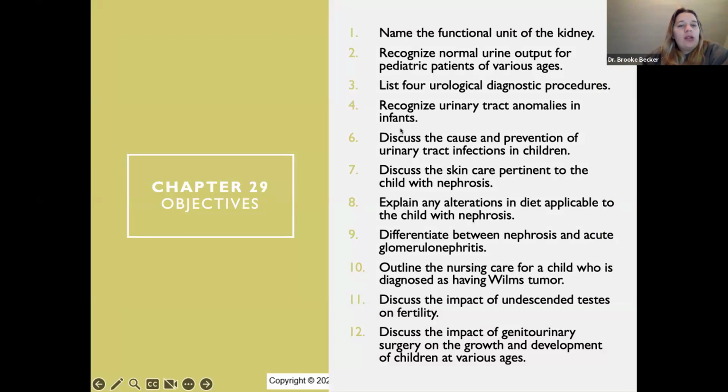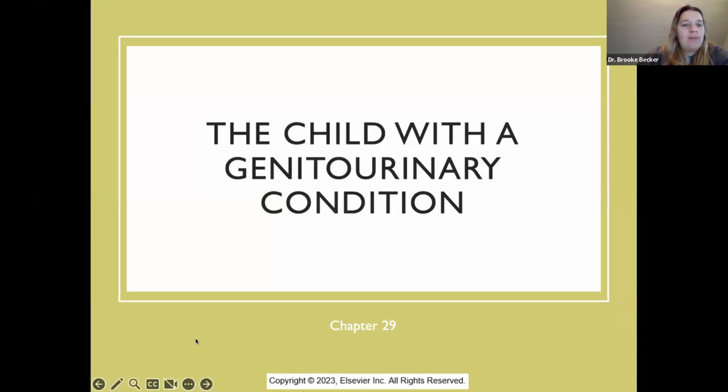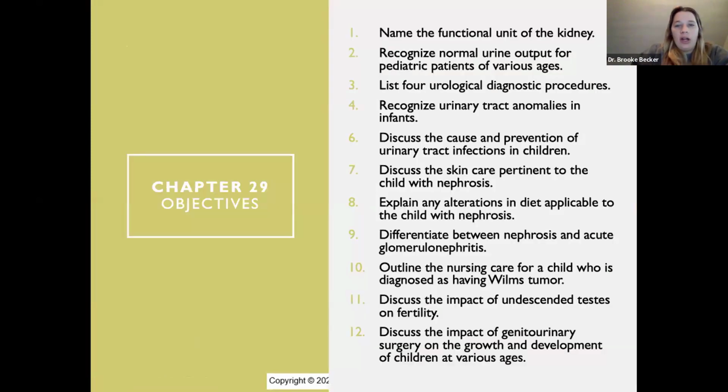All right. So it's GU and dermatology. Okay. So skin conditions and GU. So kidney and urinary symptoms. Okay. Here are your objectives. Chapter 29 is GU. So have this help guide your learning.